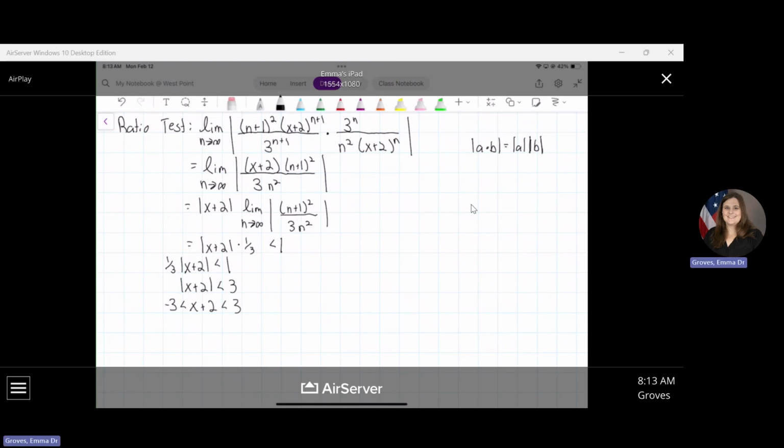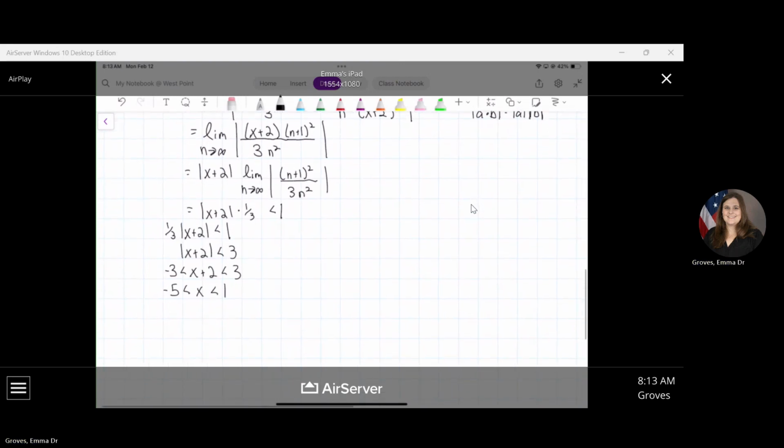You could break it up into 2 separate inequalities if you wanted, or you can write it as one big string. And then if I subtract 2 from each section of my inequality, I'm going to get -5 is less than x is less than 1. So my interval is going to be -5 to 1.